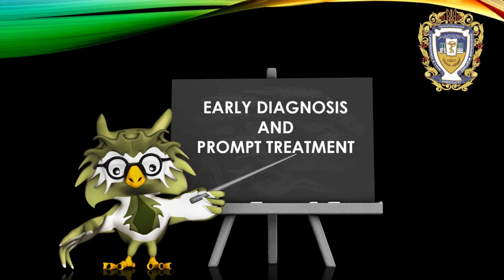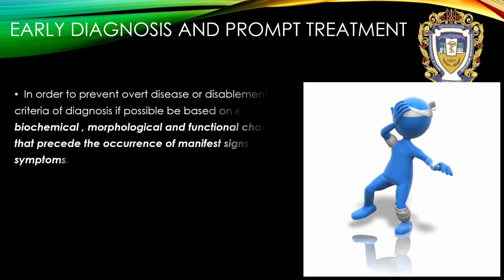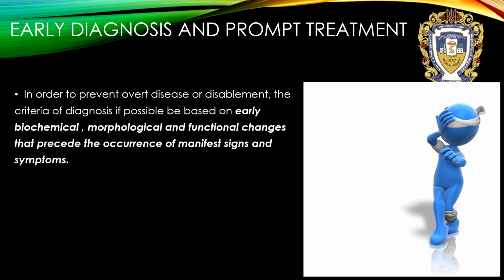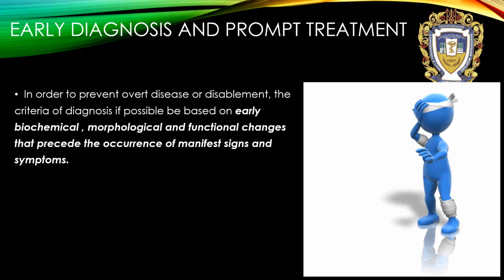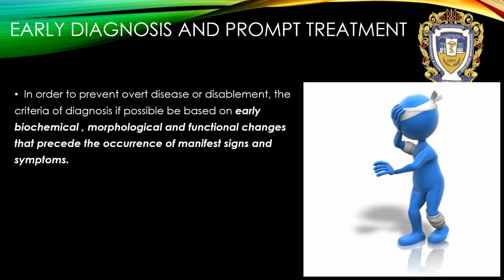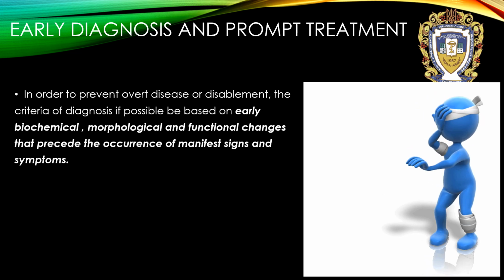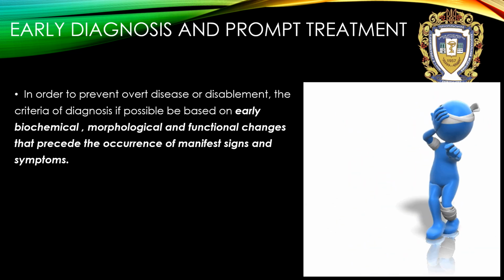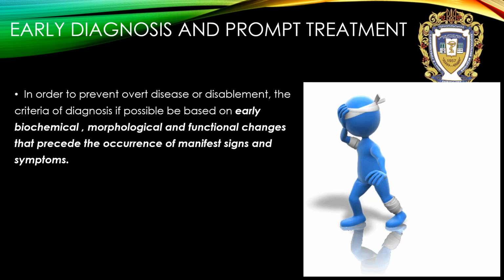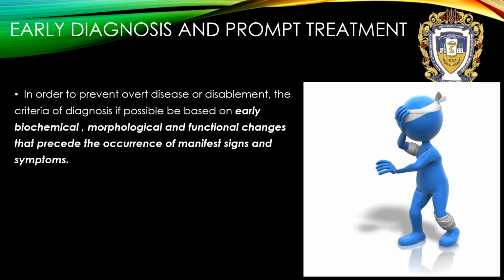Let's talk about diagnosis and prompt treatment now. In order to prevent overt disease or displacement, the criteria of diagnosis can be based on early biochemical, morphological, and functional changes that precede the occurrence of manifest signs and symptoms.